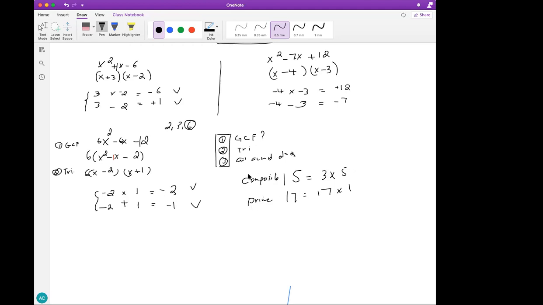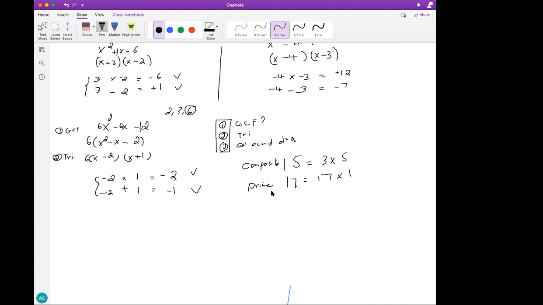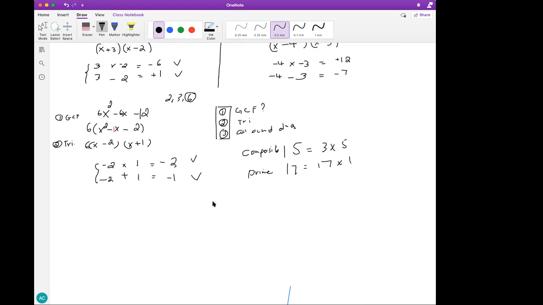Same thing with all these polynomials. Sometimes we can factor them. All these problems we've done so far are composite. Sometimes you can't factor them. No matter how you try, you can't find the 2 numbers. Here's an example. Let's say x squared plus 7x plus, I don't know, 11.